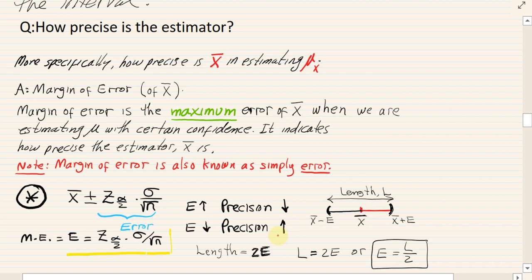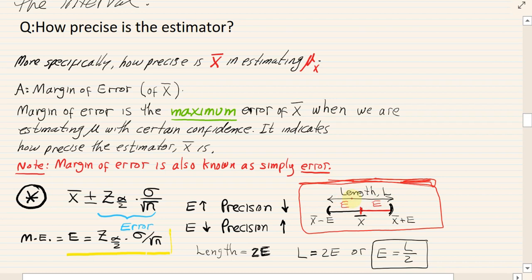Now, we can also relate the margin of error to the length of the confidence interval. The length of the confidence interval is the distance from the low to the high end. So if x bar is at the center of this interval, then E is to the right and E is to the left.